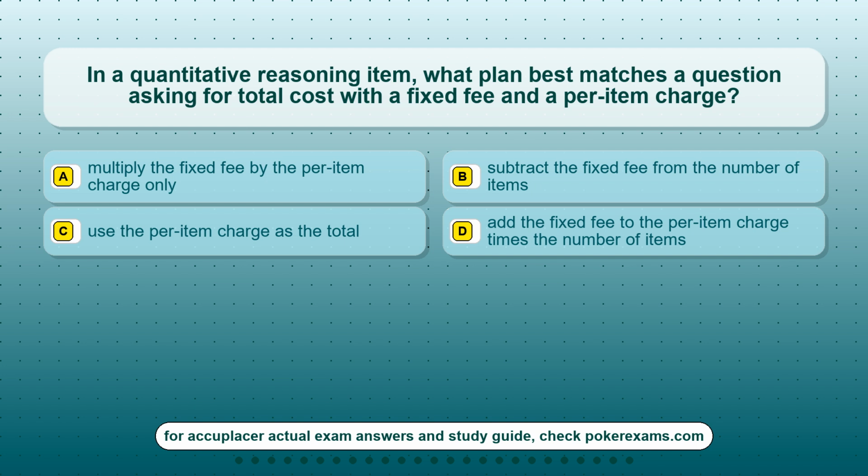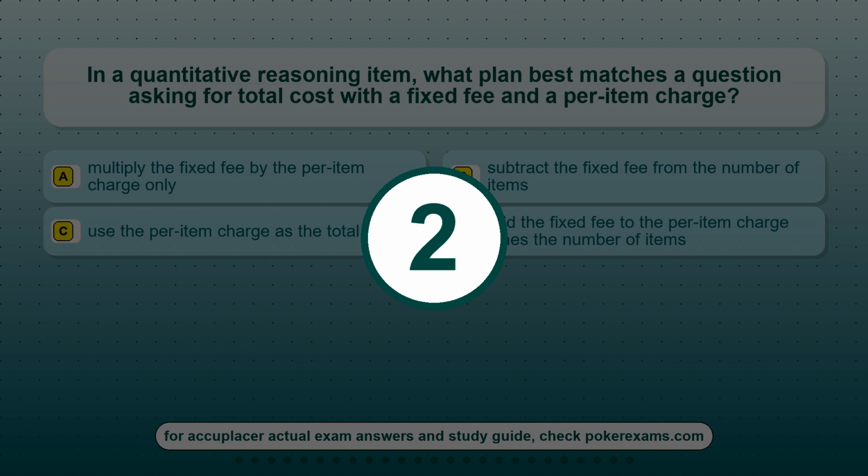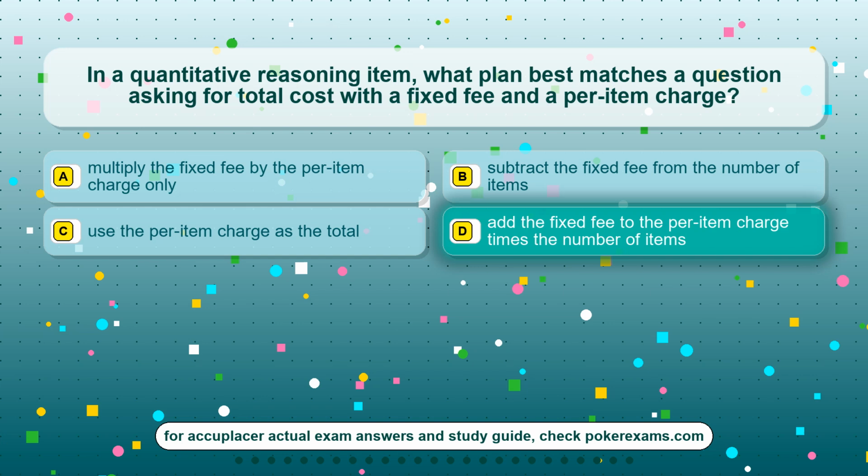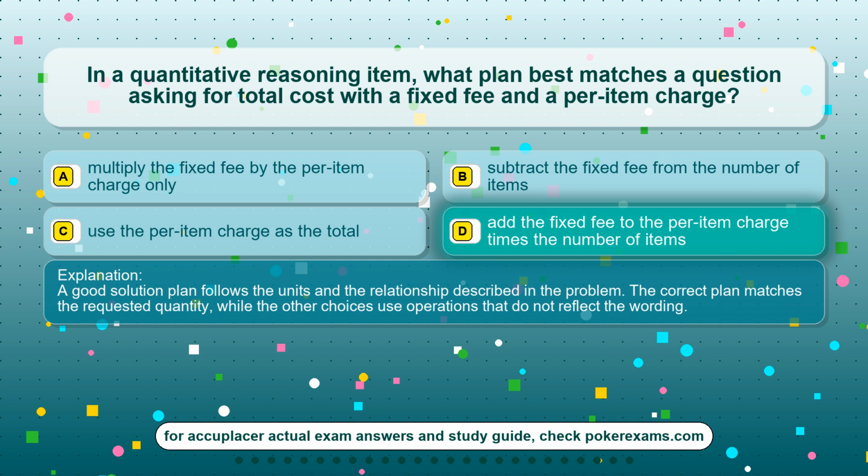Option D. Add the fixed fee to the per-item charge times the number of items. The correct answer is option D. Add the fixed fee to the per-item charge times the number of items. A good solution plan follows the units and the relationship described in the problem. The correct plan matches the requested quantity, while the other choices use operations that do not reflect the wording.